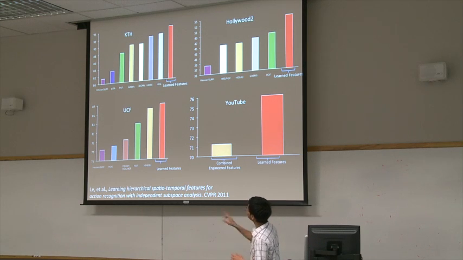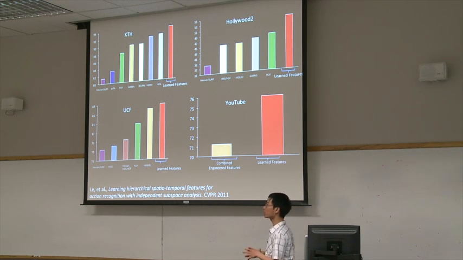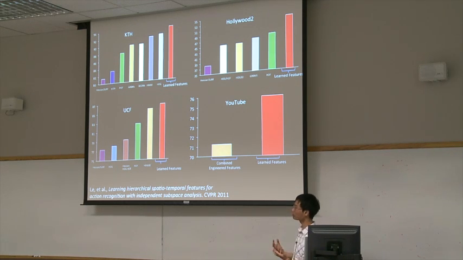But in UCF, something else works better, for example, HOG 3D. So he said that we have never seen one feature do best for all datasets, and this is the first time that he has seen this. So that's very interesting, and the learned features seem to be able to capture the right statistics from the data.